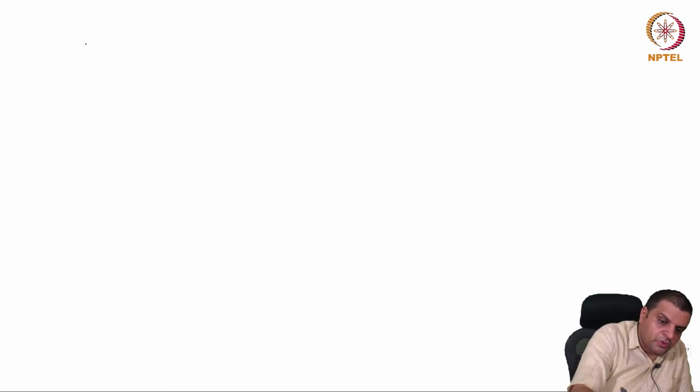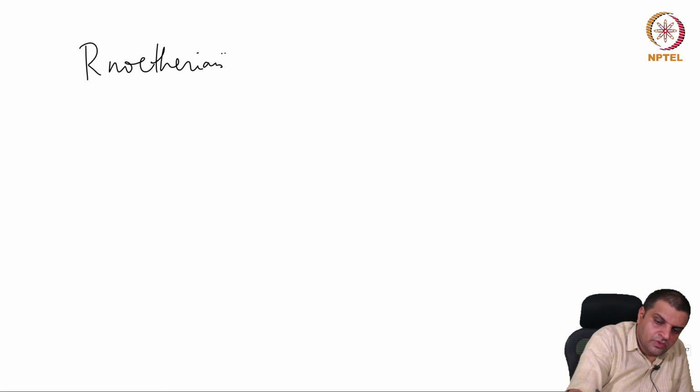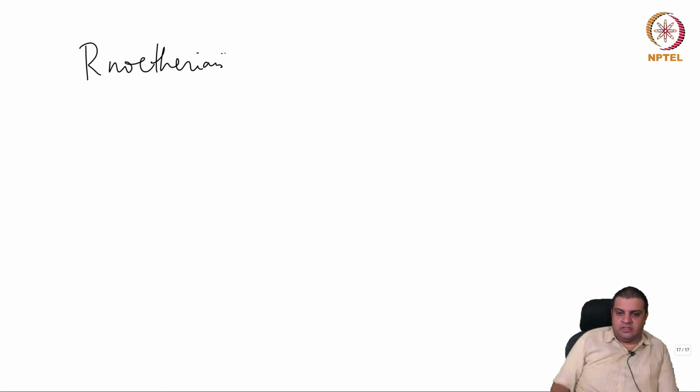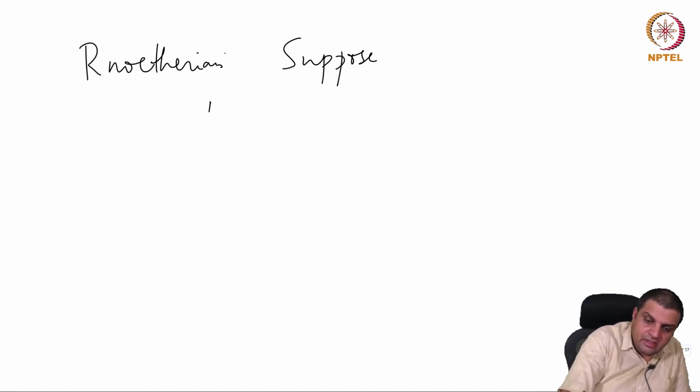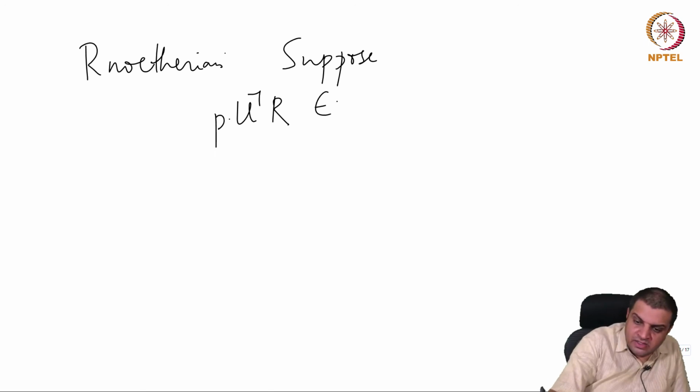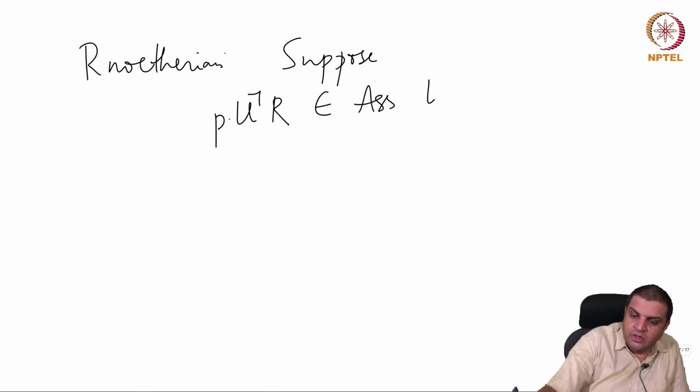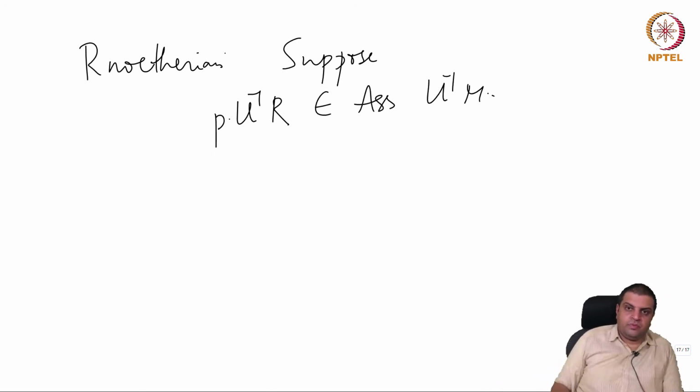So now suppose that R is Noetherian, in addition to the previous things, and suppose that U inverse P extended to U inverse R is associated to U inverse M. Okay.